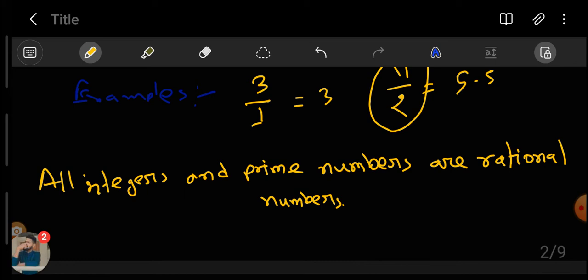We know what integers are: from minus infinity to plus infinity, all the whole numbers, that is minus 3, plus 1, 0, including this 0. And prime numbers, we know what prime numbers are.